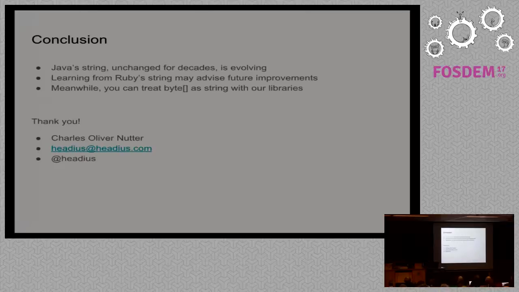And learning from what Ruby's done and what we've ported and re-implemented in JRuby may advise some of those features in the future. So hopefully we'll be able to help improve Java string in the future. But meanwhile, these libraries are available. If you take a look under the JRuby organization in GitHub, they're all right there: bytelist, Joni, and JCodings, and they're all in Maven. So you can pull them down and they're ready to go. And that's all I got. Thank you.